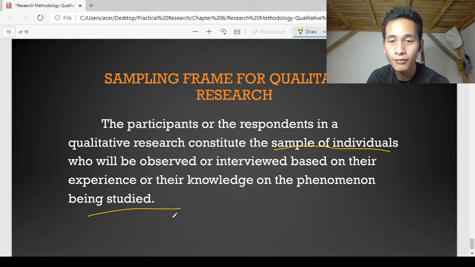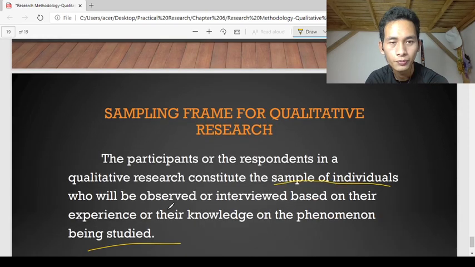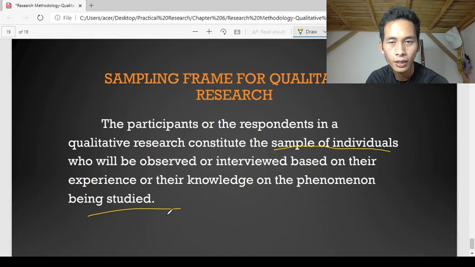So in qualitative research, you can have only a few participants or respondents, right? As long as you can gather relevant or essential data personally through interview and observation on the phenomenon being studied. So, sampling frame for qualitative research.